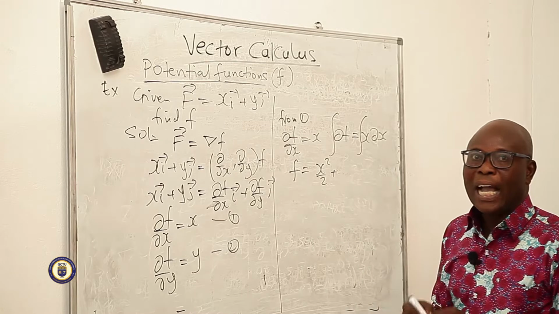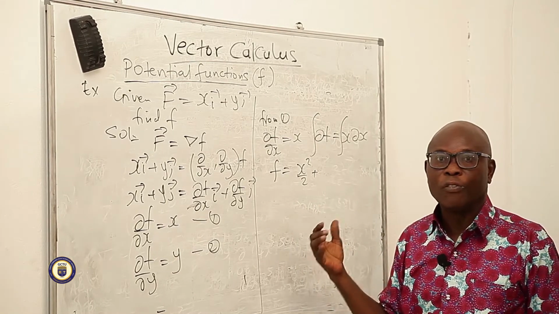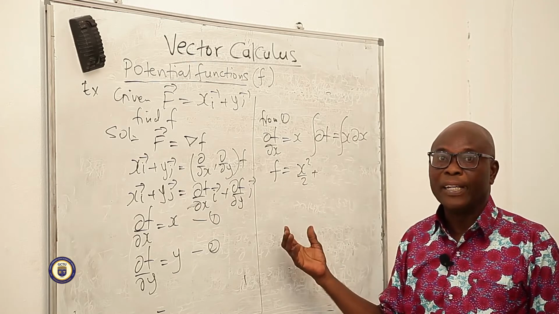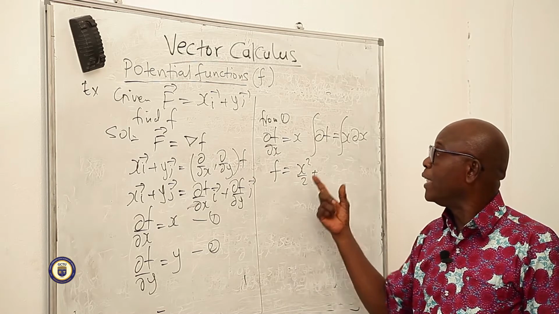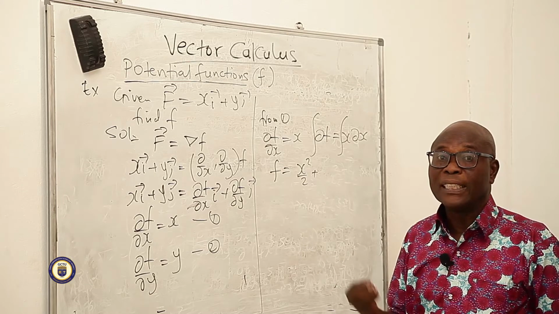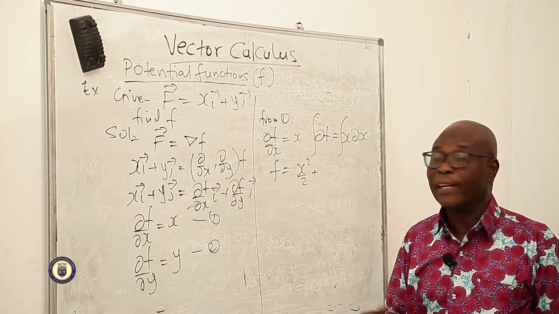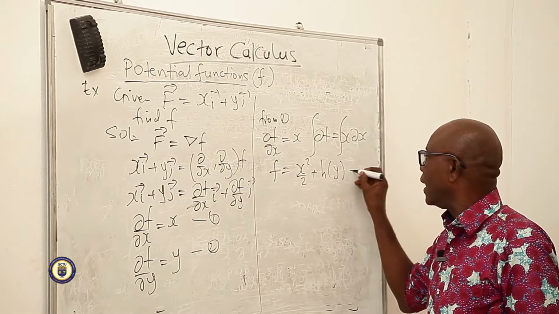And then after integration, we need to put in the constant of integration. But in this case, since it is partial integration, which we learned in our earlier video, it means that this is integration with respect to x. So all functions in y are constant. Therefore, our constant of integration will be a certain function in y. So we're going to get equation 3.